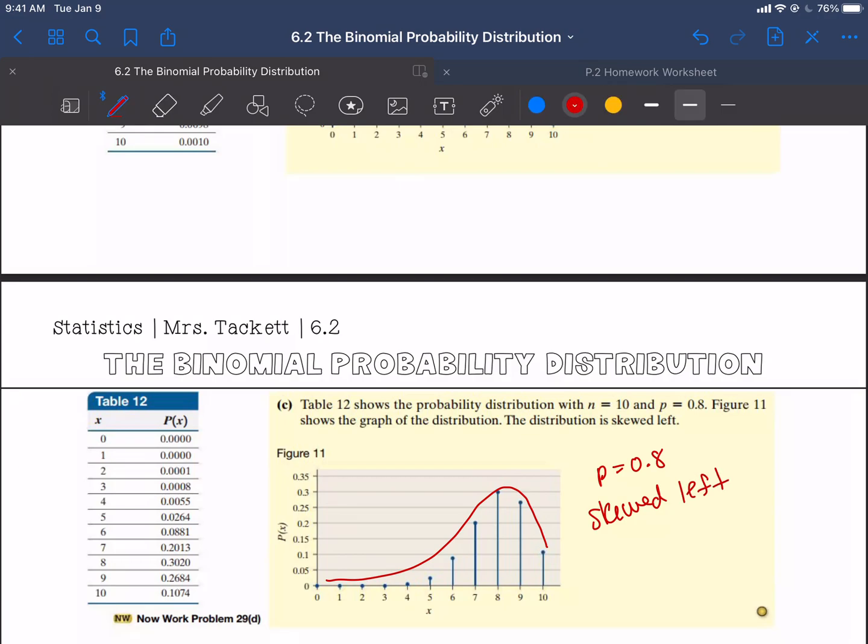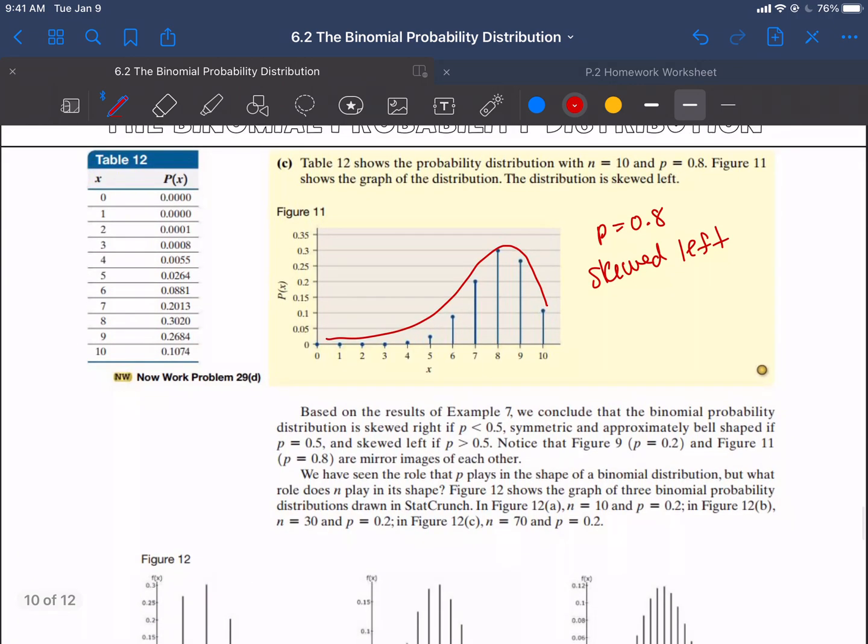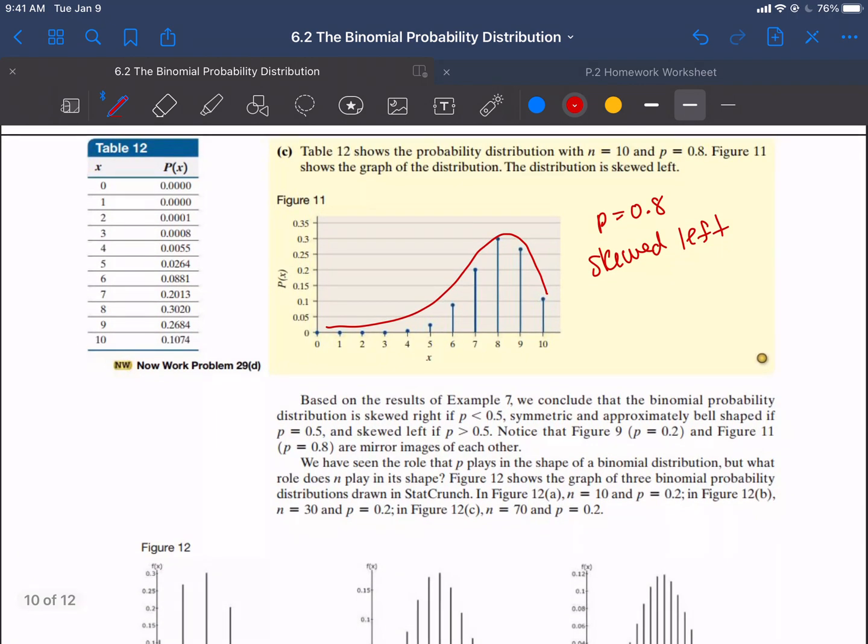Okay, so based on those results, we can conclude that the binomial probability distribution is skewed right if p is less than 0.5, approximately bell-shaped if the probability is equal to 0.5, and skewed left if the probability is greater than 0.5.